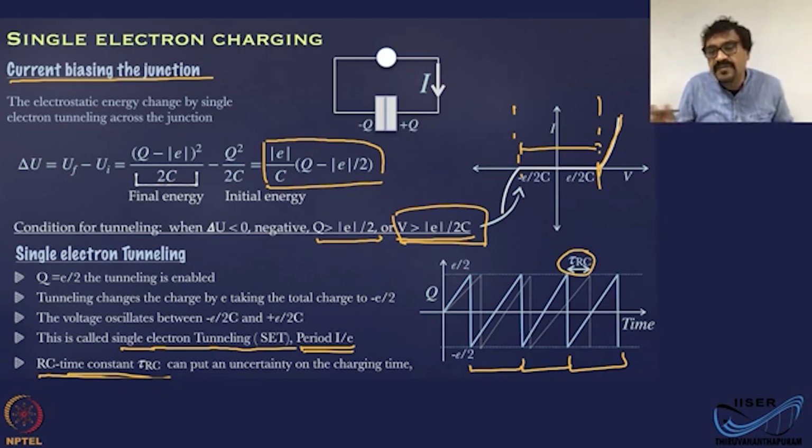There can be a shift in the period of oscillation because of the charging and discharging time. That is going to show up as an uncertain time here. So the period of the single electron tunneling oscillation is accurate only within the charging and discharging time. That's the message here.